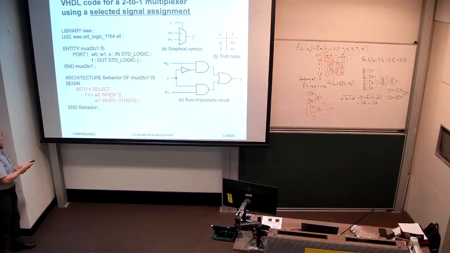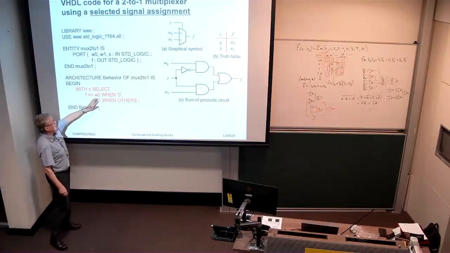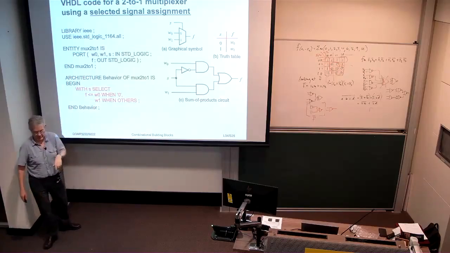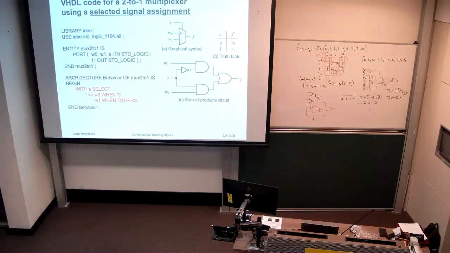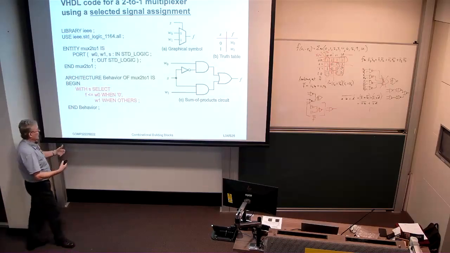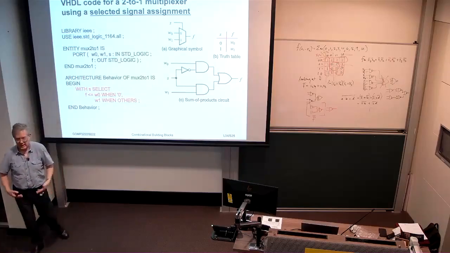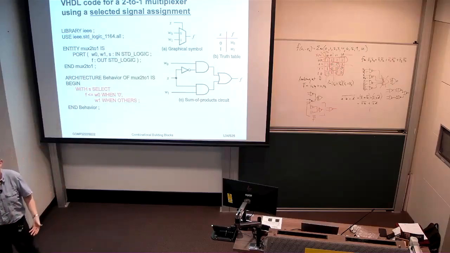When S is 0, we want to assign W0 to F, and when S is not 0, we want to assign W1 to F. Recall that in VHDL, if we're dealing with standard logic signals, those types of signals can have any one of 9 different values, not just 0 and 1. There's also don't care, uninitialized, unknown, weak, weak tending to low, weak tending to high.